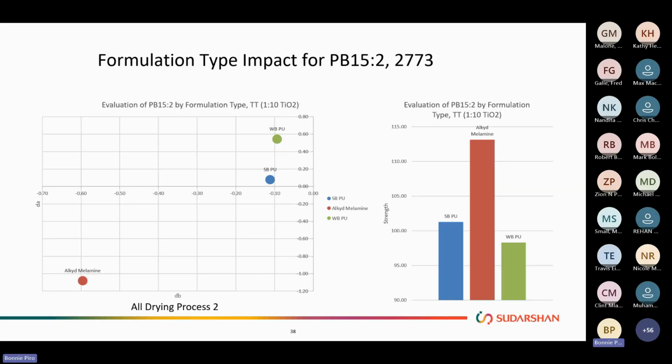So again, we see a color development difference between the two. In the polyurethane formulations, we develop more red than the alkylamine, but the alkylamine develops more strength. So these are all of the scenarios to take into account when you're developing your formulation.